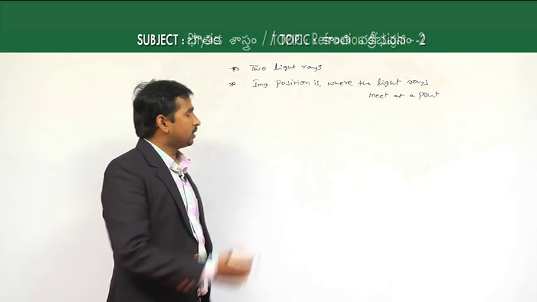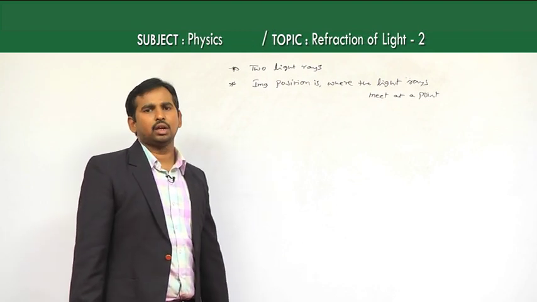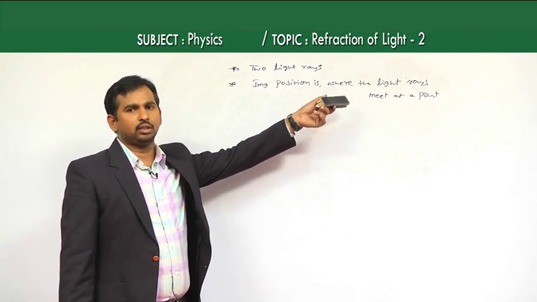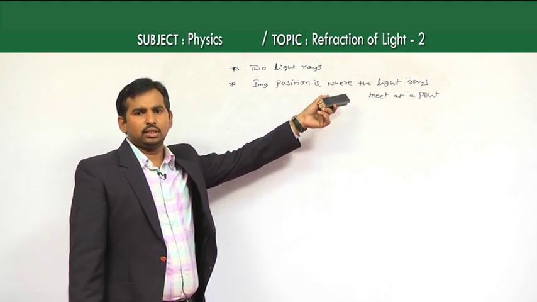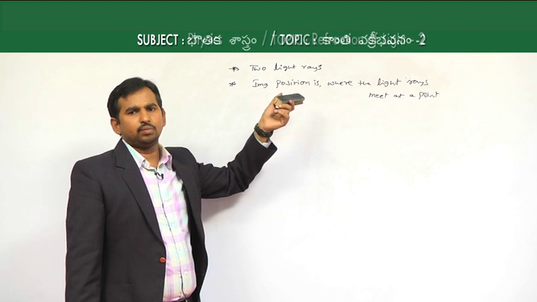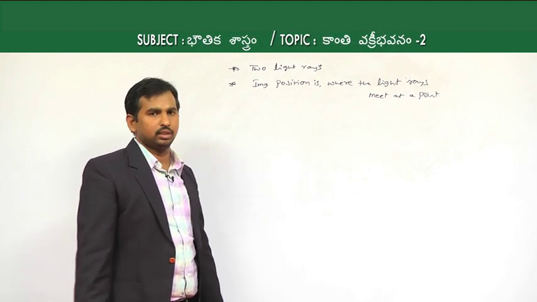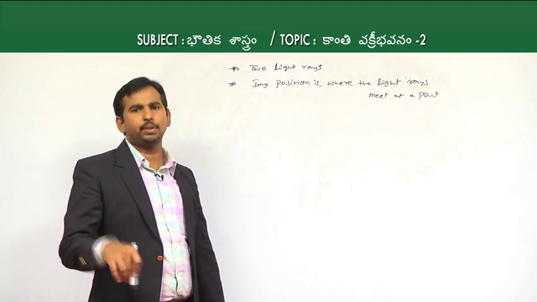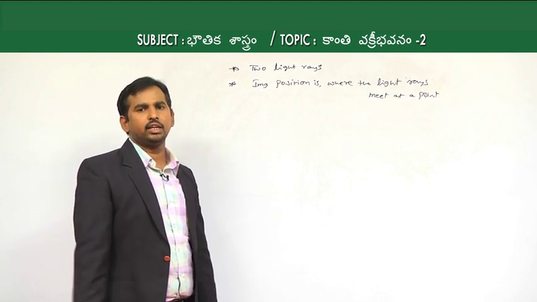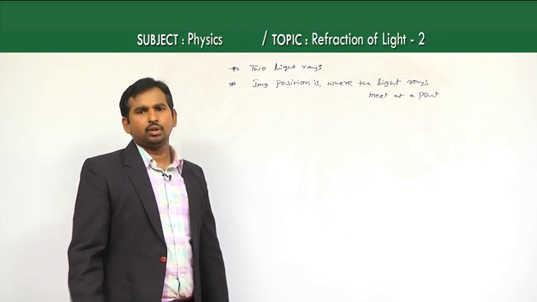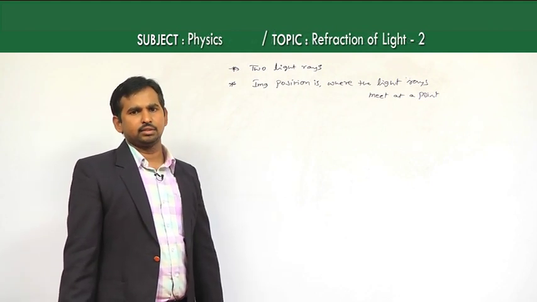Sometimes, just like in the case of our concave lens, as it has a virtual focus, their meeting point may not exist directly. It means we have to extend the rays on both sides so that they meet at one point. Okay, which means they appear to meet at a point; they are not really meeting at a point. So, up to their meeting point we have to take the extended lines.